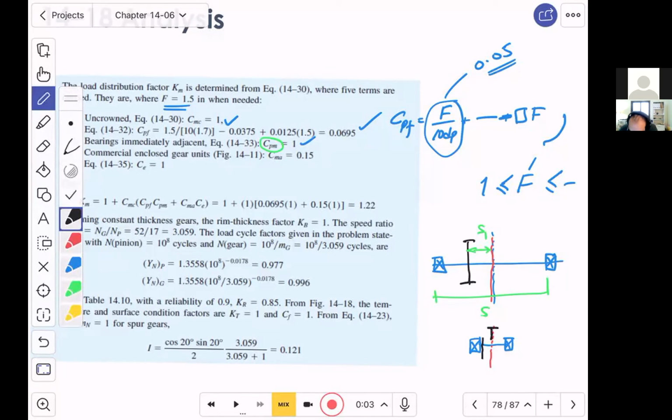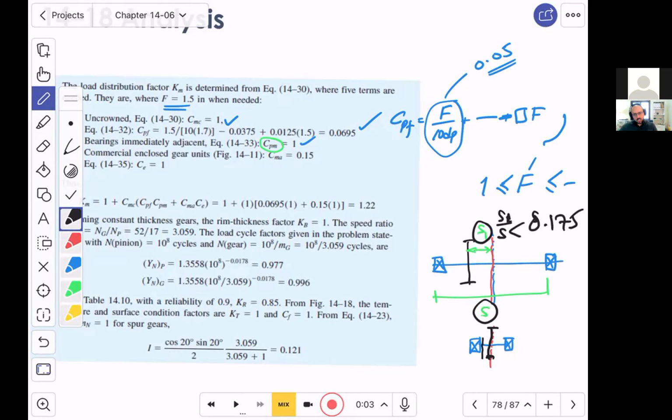So probably it's going to be either on the midspan or near it, which means that this distance divided by this is very small, particularly S1 over S less than 0.175. If that's the case, then CPM is equal to 1.